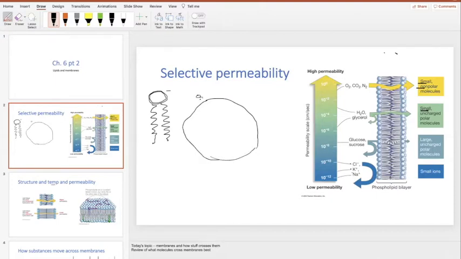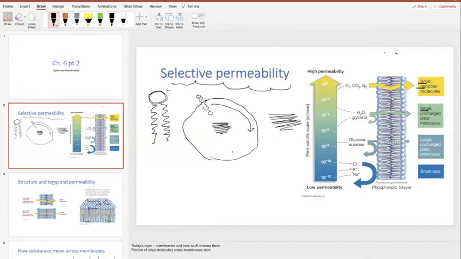So you've got head and two tails, head and two tails, and you can take that all the way around, okay? So now what is inside here is sequestered or shut off from what is outside here if you're in a water solution.